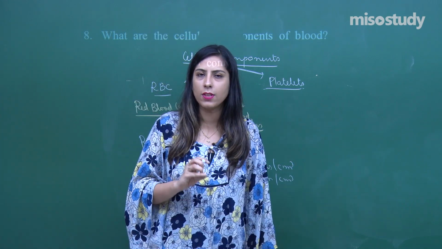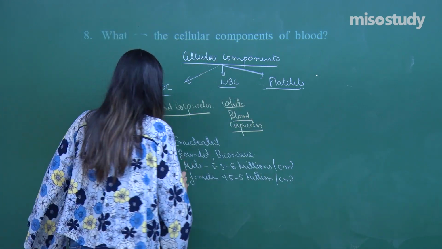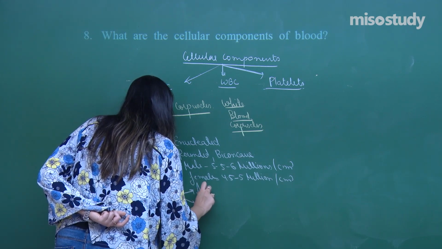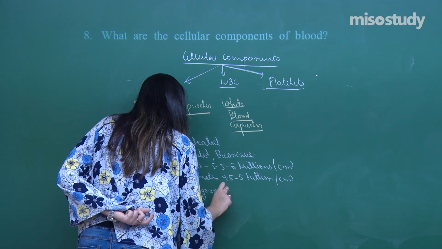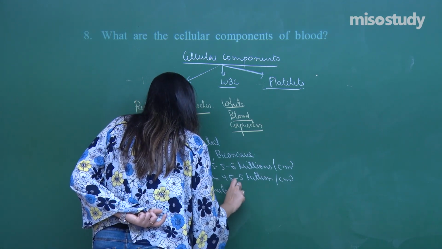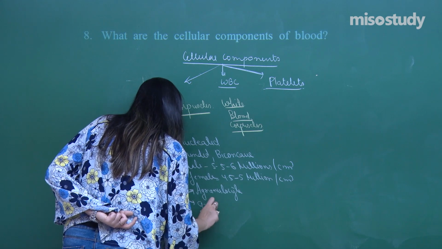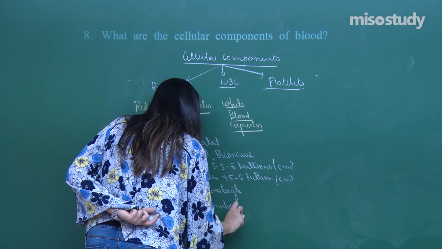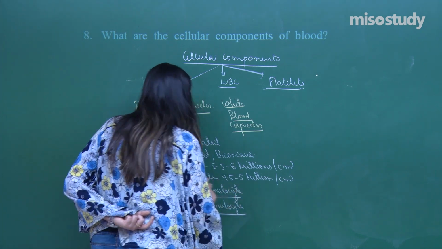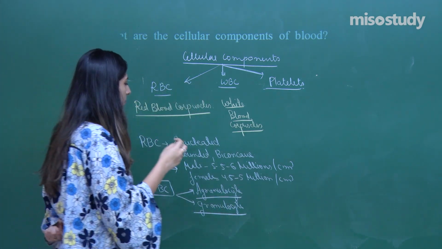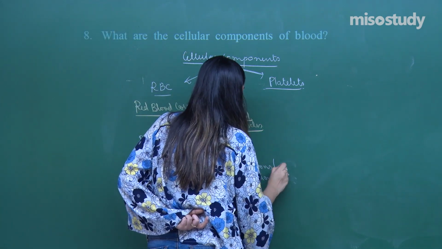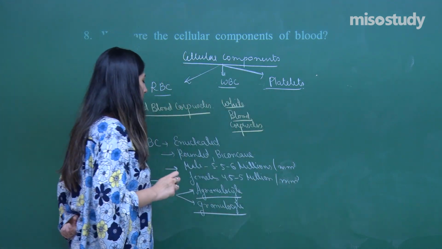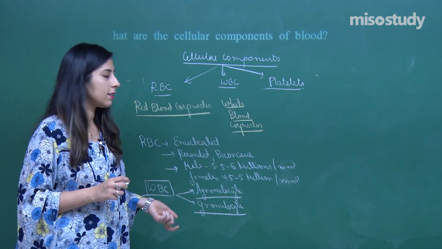The first is agranulocyte and the second is granulocyte. Granulocytes and the agranulocytes.